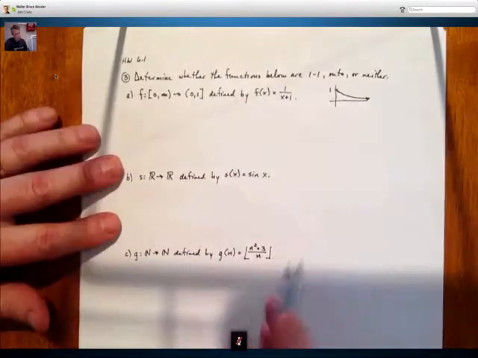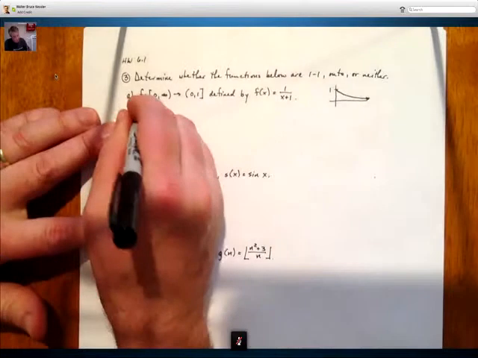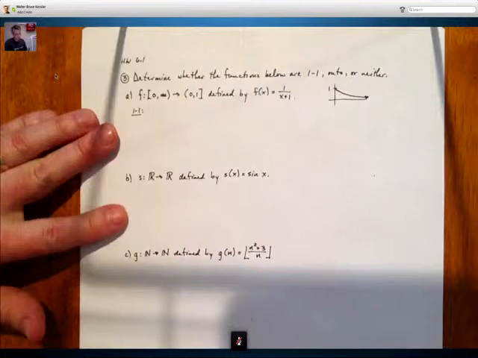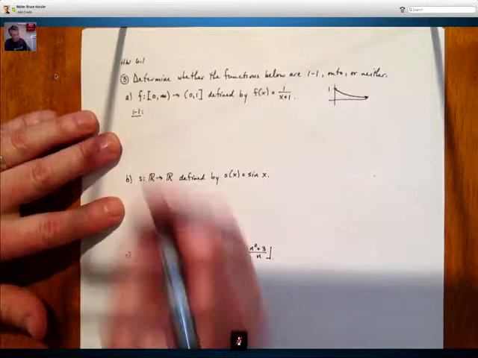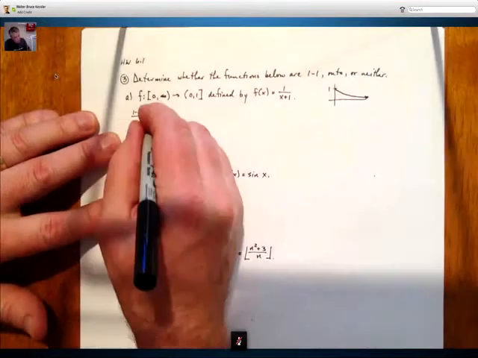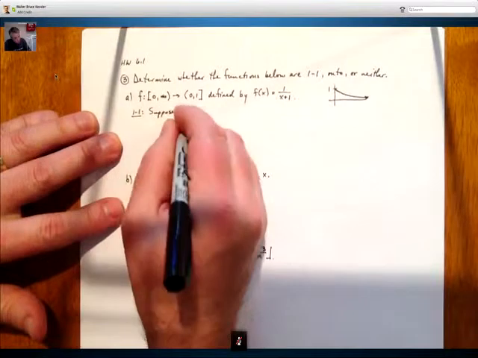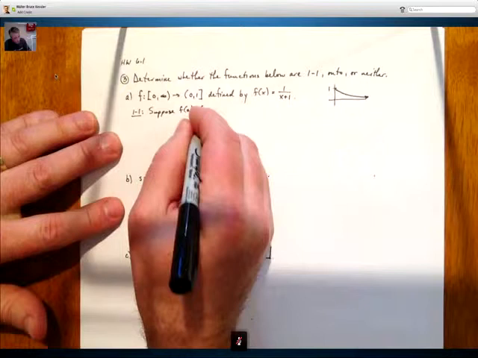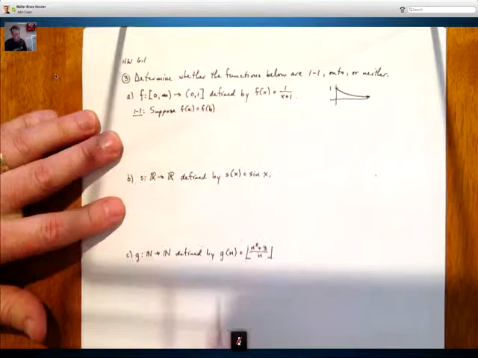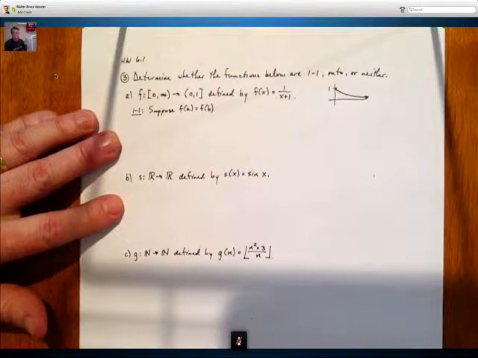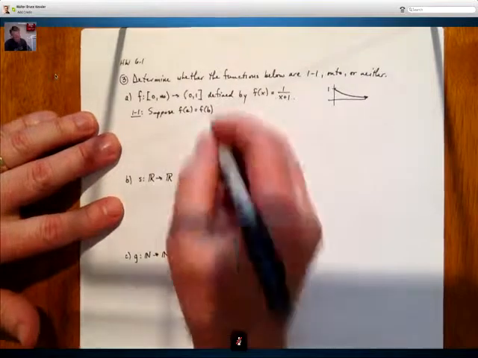Okay? But now's a good chance to talk about how you would prove such a thing. So let's show how I would prove it. Let's suppose, for one-to-one, you look at two things that give you the same function value, and then you show that those two things have to be equal.